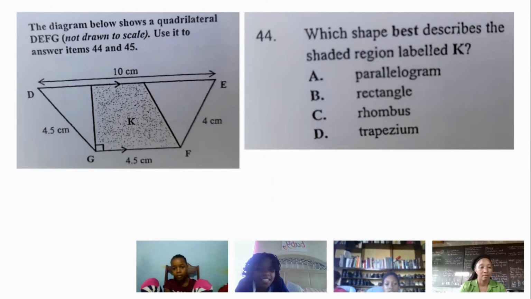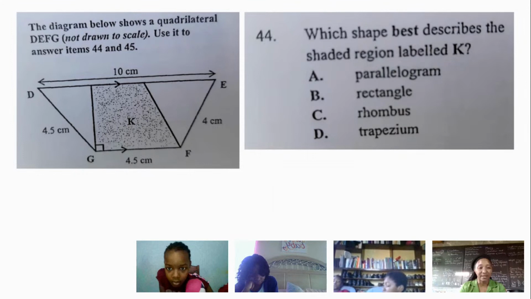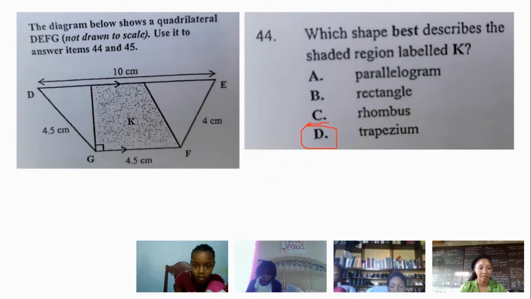Miss, I'd say a trapezium. All right, so that's correct. It's a trapezium. It would look like a triangle if you extend this side right here. So the trapezium has 2 sides that are parallel, and we know that by the arrows. So these 2 lines are parallel, and the perpendicular height meets the 2 parallel sides at a right angle.